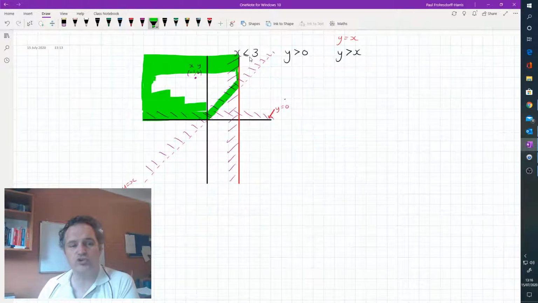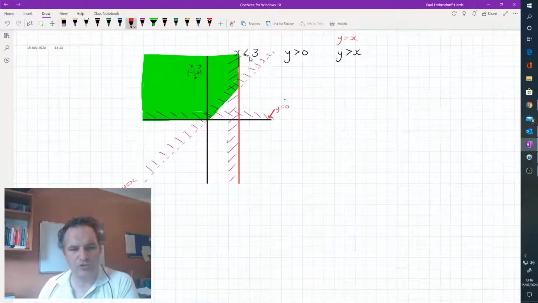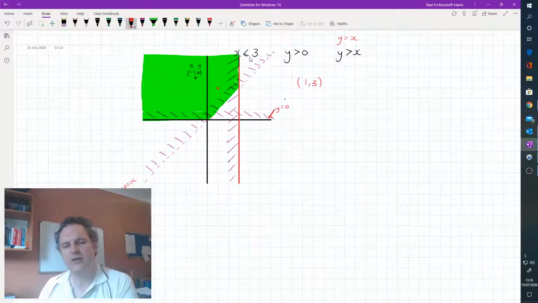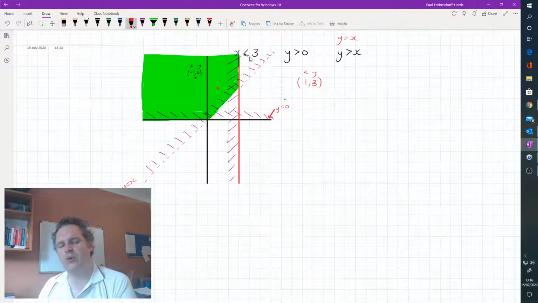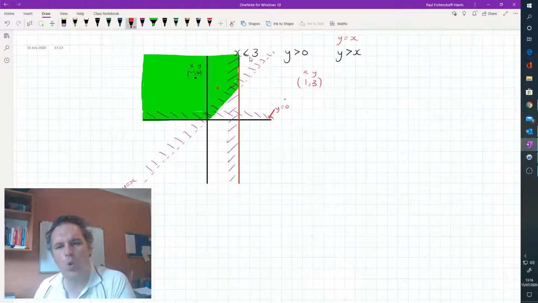And then you can just always choose a value from that region that meets the criteria. So I can just say, well, now choose a value that meets the criteria. Okay, I will choose this value here. This value is 1, 3. So the value x is 1, y is 3, meets all 3 criteria.